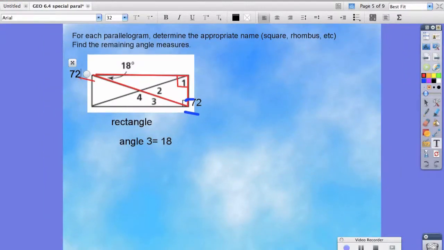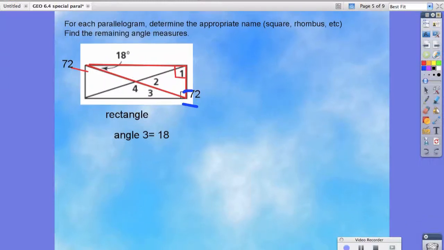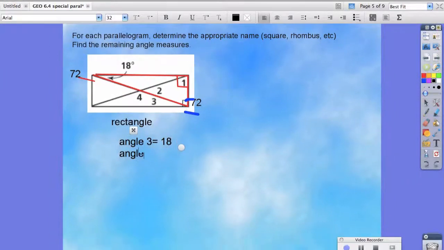Now, if you look at this triangle in blue, and because this angle is 72 degrees, then angle 1 must also be 72 degrees. Because we know that this bottom right side is 72 degrees and angle 1 is 72 degrees, that gives us a grand total of 144 degrees.